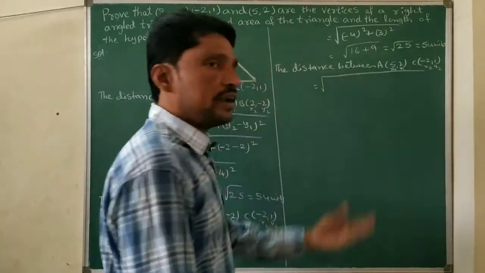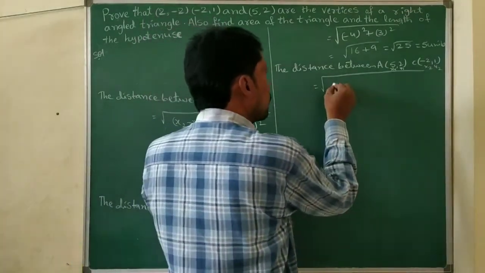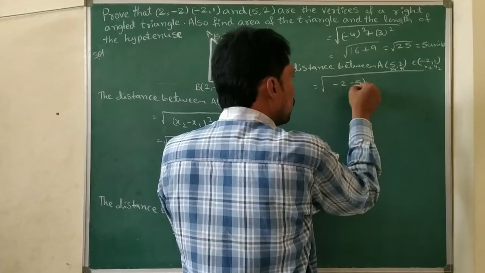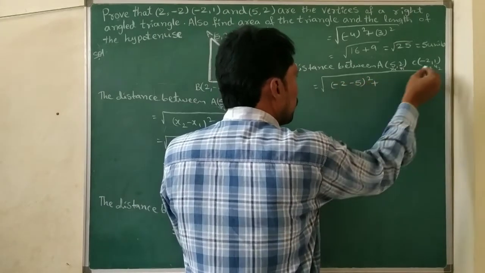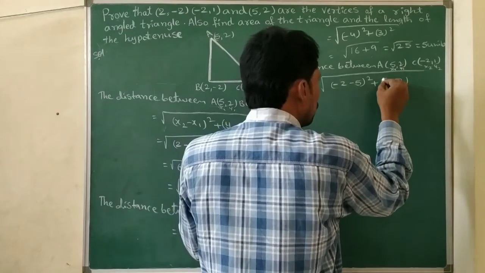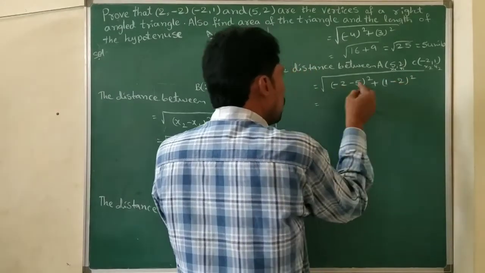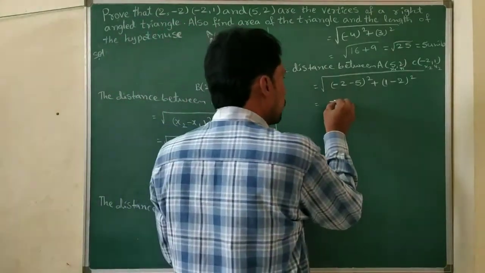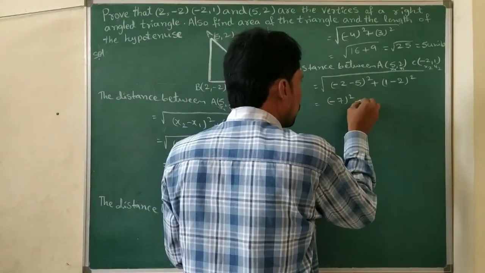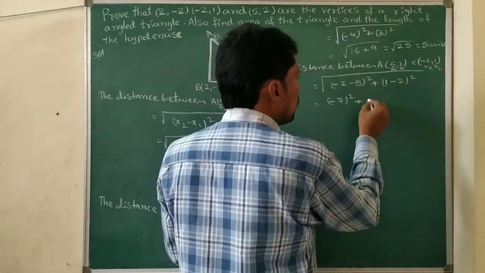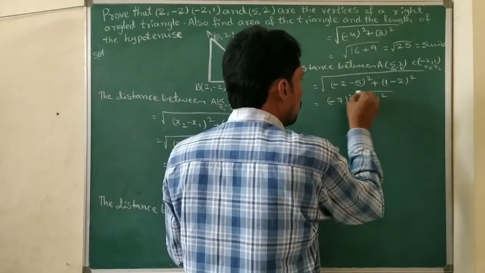So (x2 - x1)², meaning (-2 - 5)², plus (y2 - y1)², meaning (1 - 2)². That equals (-2 - 5), which is (-7)², plus (1 - 2), that is (-1)².